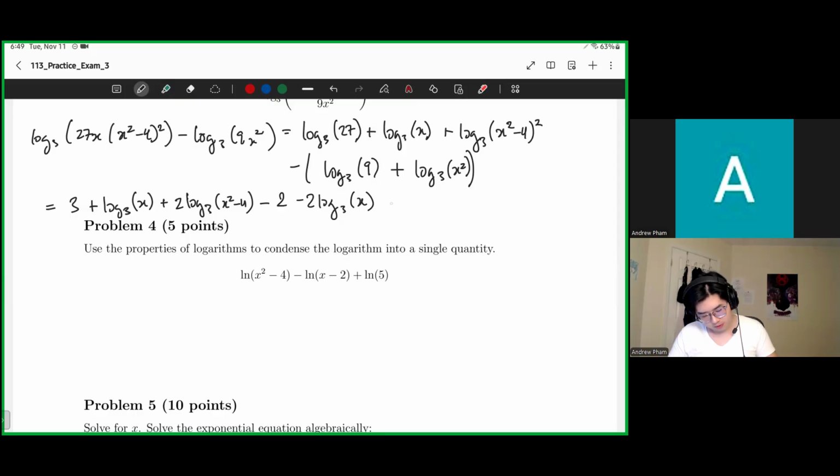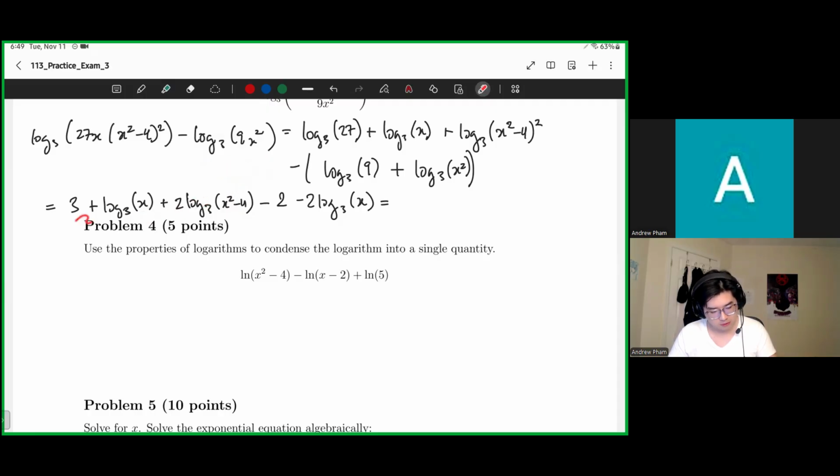Let me go further, even more. We notice that x squared minus 4 is (x plus 2)(x minus 2), so you can split this up using another product rule.